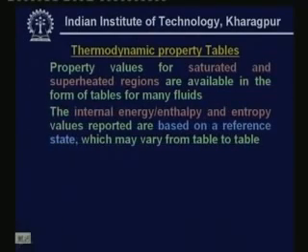The internal energy, enthalpy and entropy values reported are based on a reference state which may vary from table to table. This is a very important point. When you are using a thermodynamic property table, as I mentioned earlier, you do not have any absolute values for internal energy, enthalpy or entropy, provided you are not using the third law of thermodynamics. So normally these values are with reference to a particular datum state.